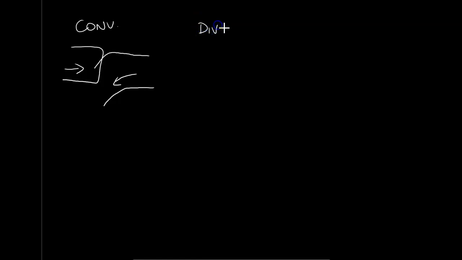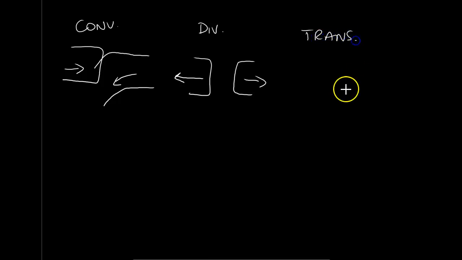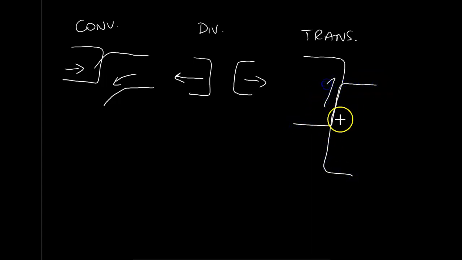A divergent plate boundary is where we have two plates that are moving away from each other. Okay, and then transform, we have two plates that are sliding past each other. Okay, so neither one of them is being submerged underneath the other.